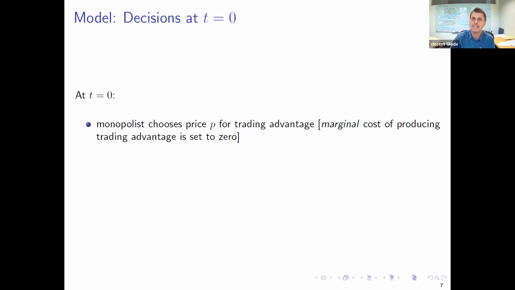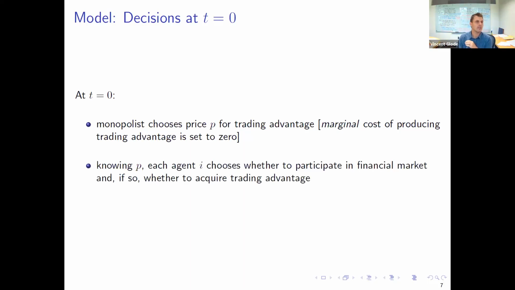So let's say once I've collected all my fancy satellite data, selling it to a third person or fourth person, the marginal cost of the extra trading advantage is 0. Now, knowing the price P, each potential trader will choose whether to participate in the financial market, and if so, whether to acquire the trading advantage.